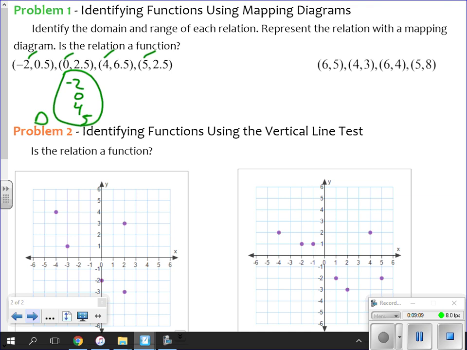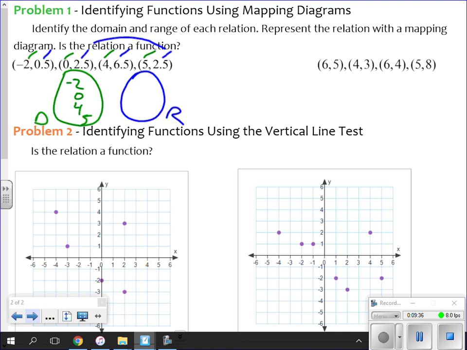And if I have my domain, then I have to have my range. If my domain is all my x values, my range would be all my y values. So my y values are 0.5, 2.5, 6.5, and I have 2.5 twice, right?